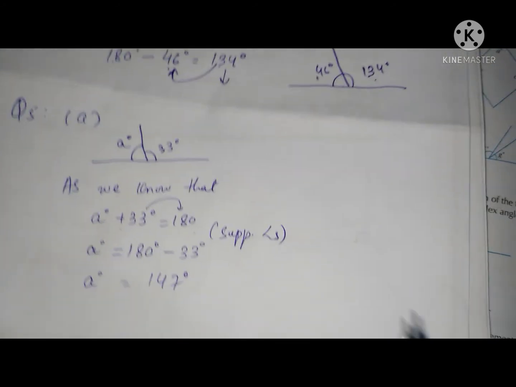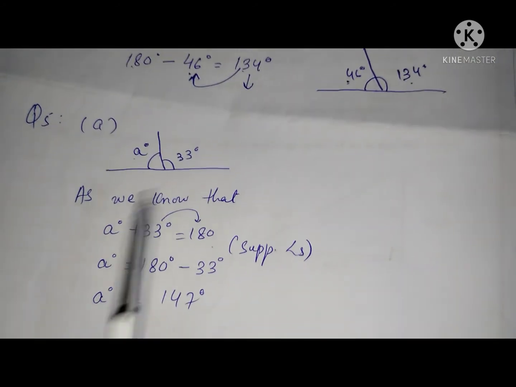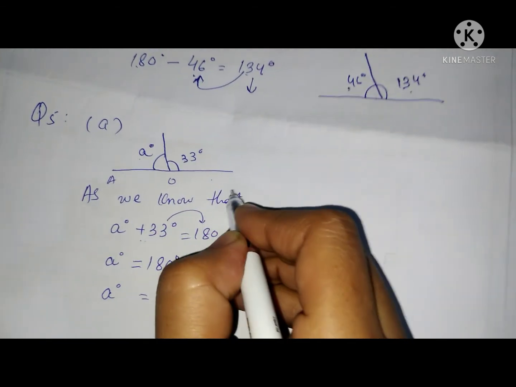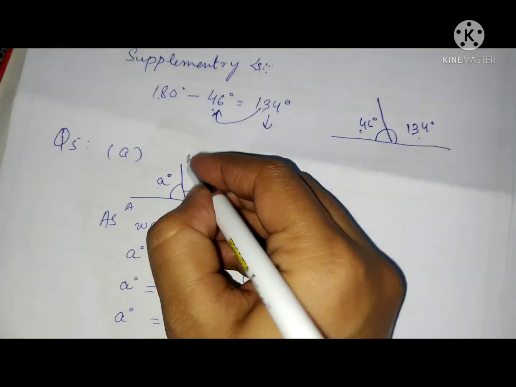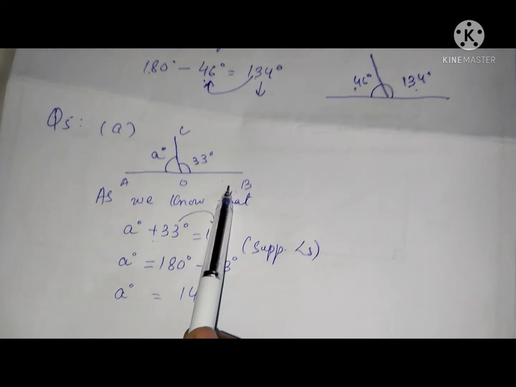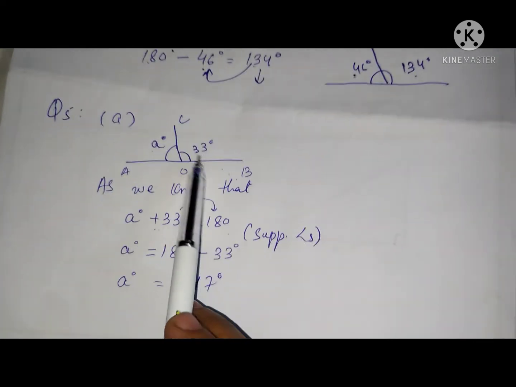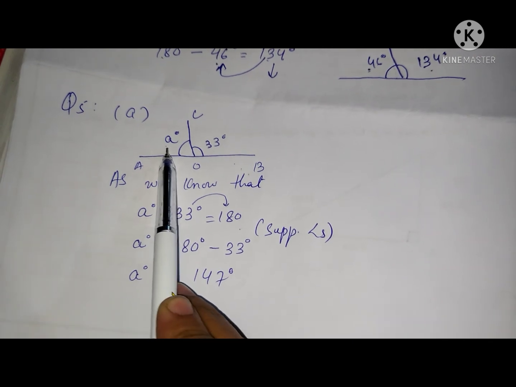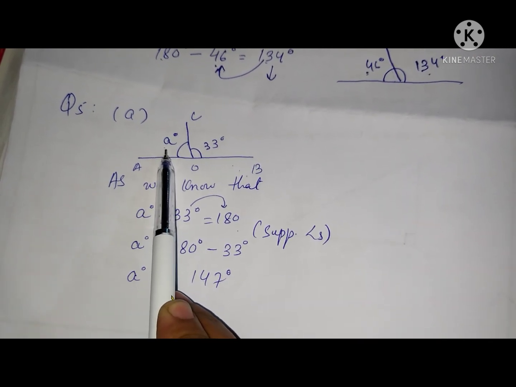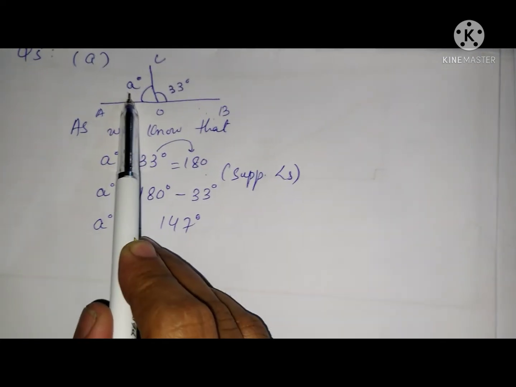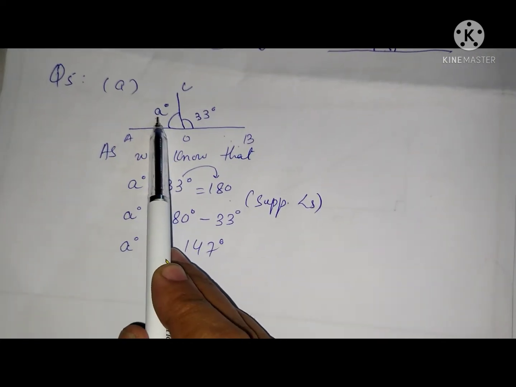What they were asking is that there is a straight line AOB and this is C. So this is a line AOB, and this straight line has been divided into two parts. One of the parts is 33 degrees and the other part has the degree A, that is the unknown one, and they are asking to find the value of the unknown part. Basically the unknown part is the variable.